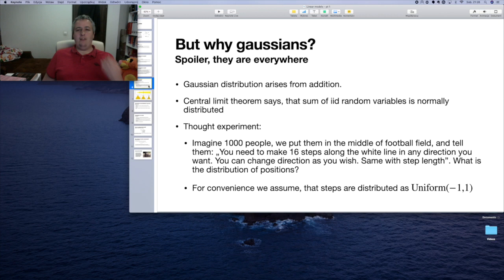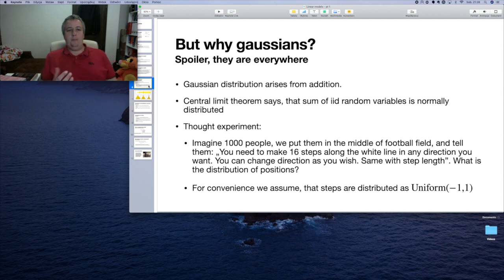Because the Gaussian distribution arises from addition. All of you have heard about the central limit theorem, that generally a sum of any independent, identically distributed random variables is normally distributed. So if you are sampling from a certain distribution and you add the results, the sum will be normally distributed.